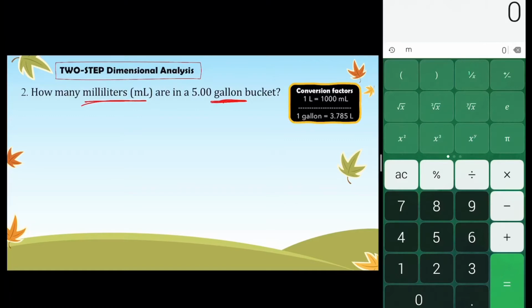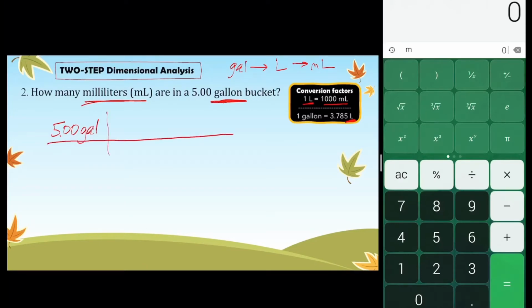So if we're planning out our setup, we would go from gallons, since that's our given value, to liters first, and then from liters to milliliters. So those are going to be our steps. Let's begin by writing our given value. So 5.00 gallons.